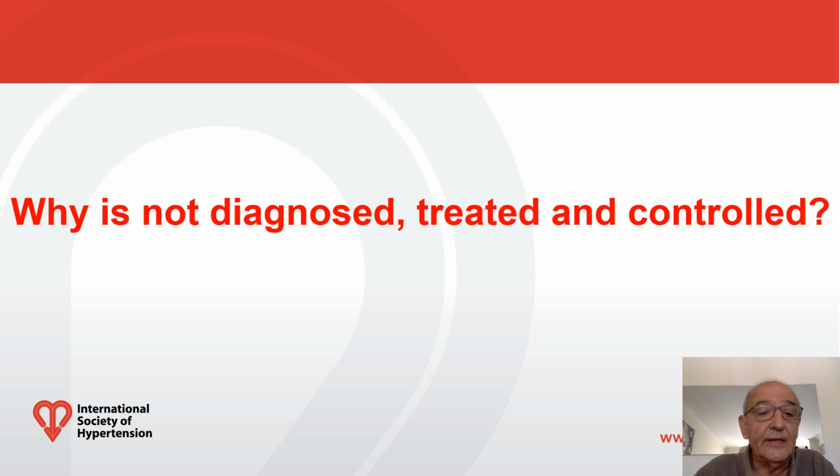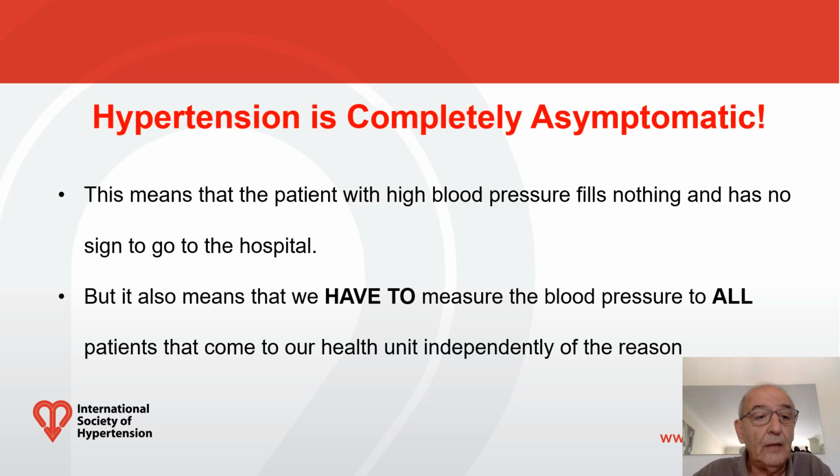And why is it not diagnosed, treated, and controlled? Well, because hypertension is completely asymptomatic. Please take this message because it is extremely important. There are no symptoms in a hypertensive patient. This means that the patient with high blood pressure feels nothing and has no sign to go to the hospital.